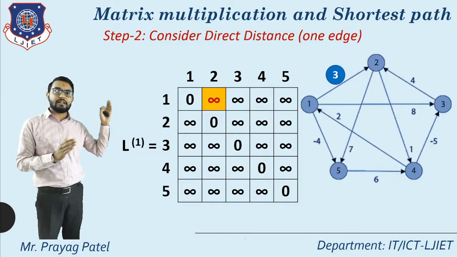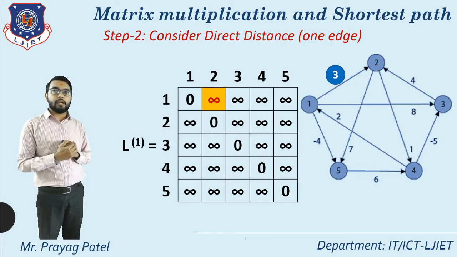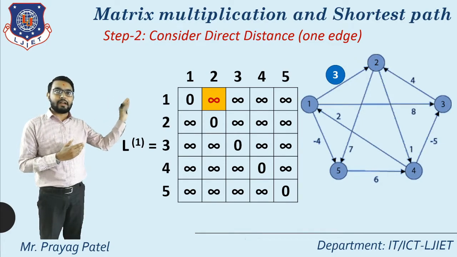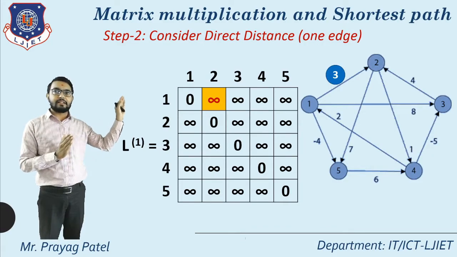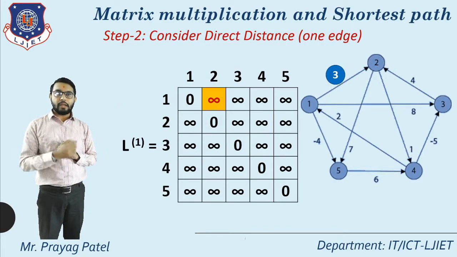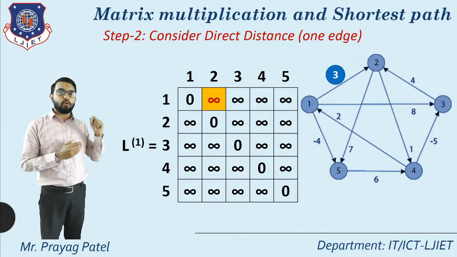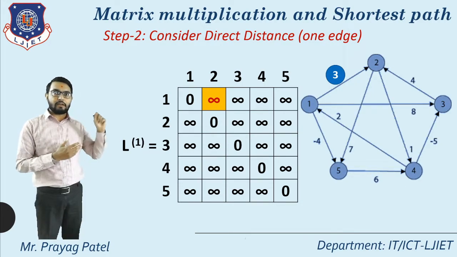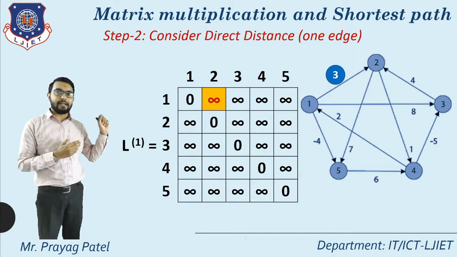Now next location, consider location L of 1,2. So here consider location 1,2 as our next location. Now what is the value of this location? Initially consider it as infinity. Now in second step, you fill the table according to your direct distance, because here we only consider one edge, meaning only the direct distance.